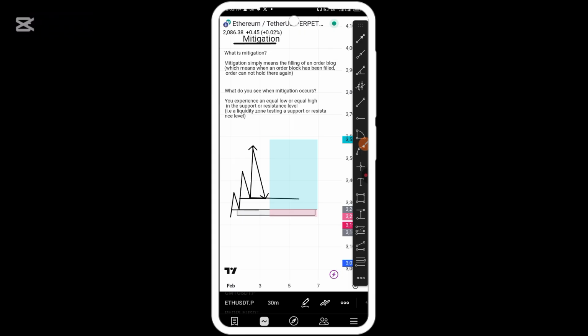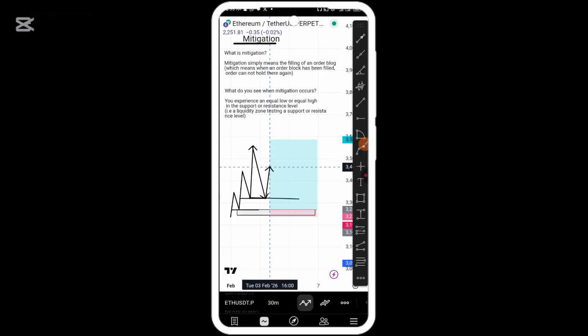Since we have our position around here, please follow me and understand. Whatever question you have, put it in the comment section, I will answer you. Once we already have our position at this spot, what you will experience in the market is this. The market has already created a mitigation here.